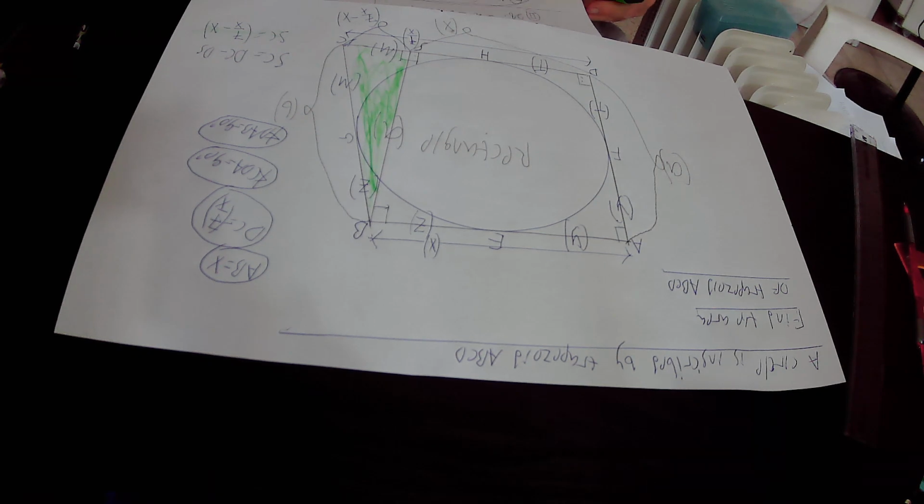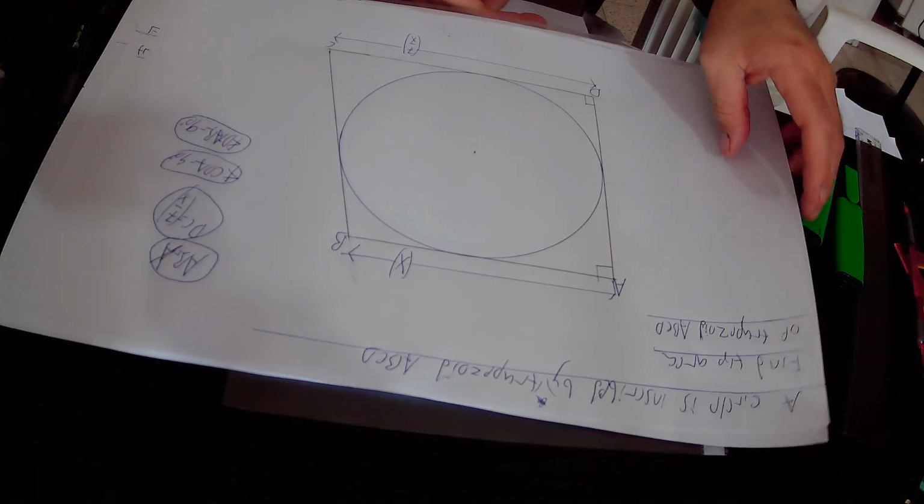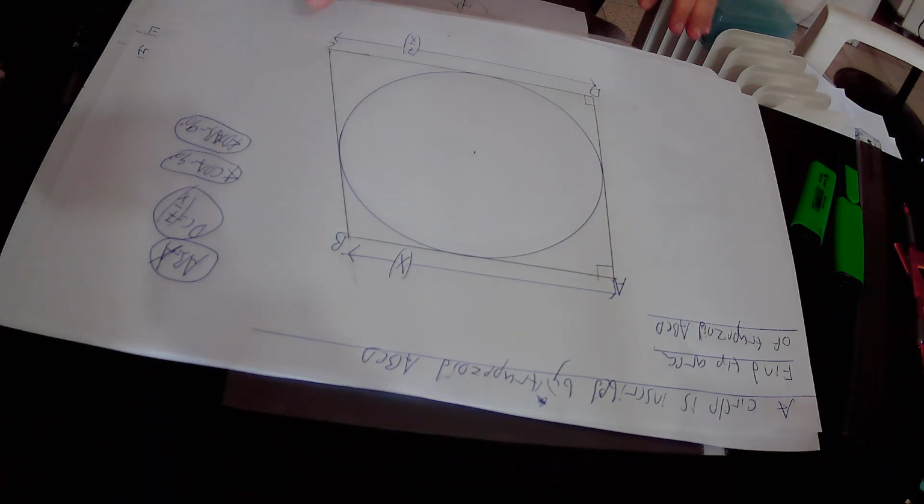So in the next step, I will summarize the lecture. In this lecture, we found out the area of this trapezoid ABCD.